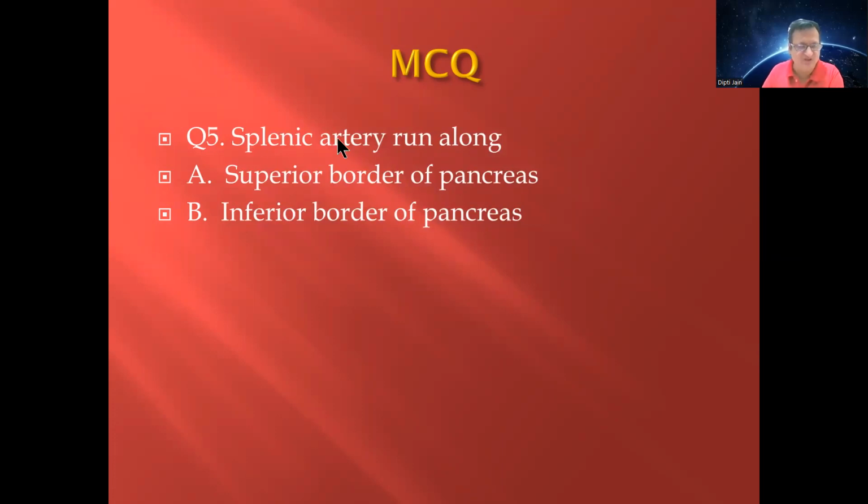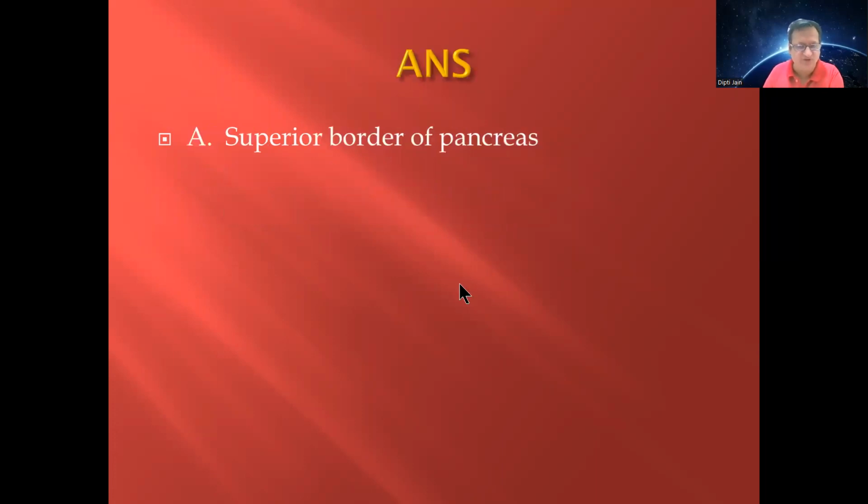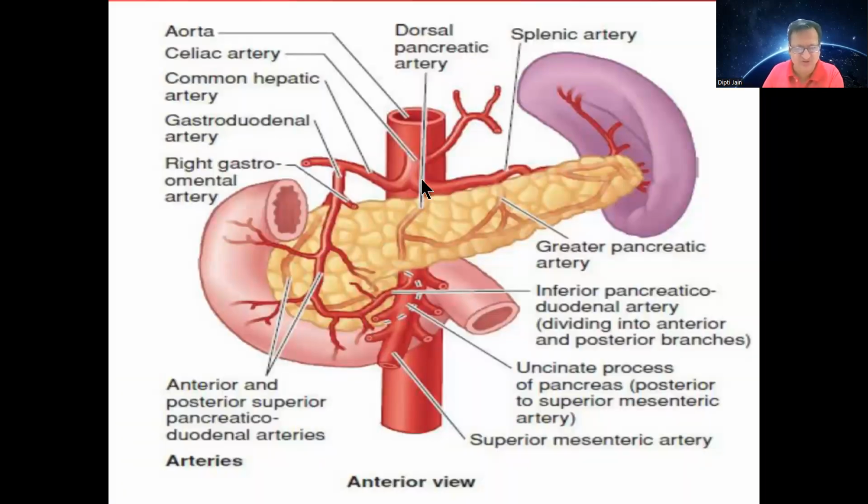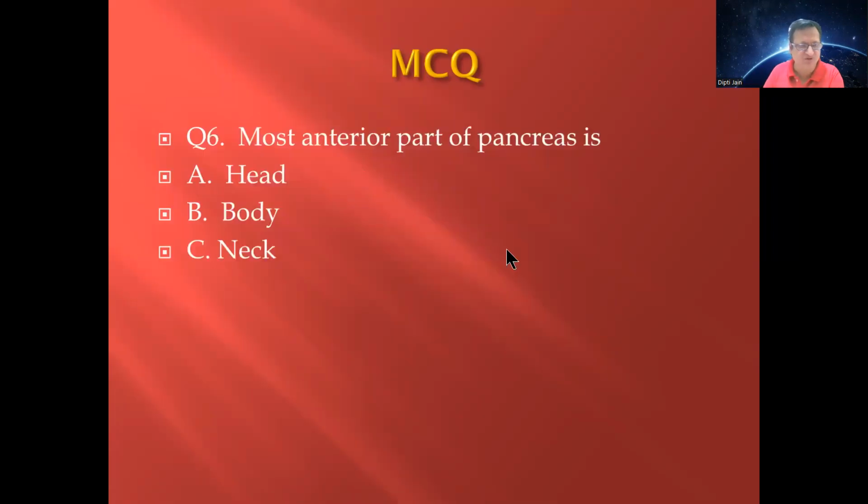Next question: splenic artery runs along the superior border of the pancreas or inferior border of the pancreas. So the answer is the superior border of the pancreas. You can see from the celiac axis, the splenic artery along the superior border of the pancreas goes toward the splenic hilum.